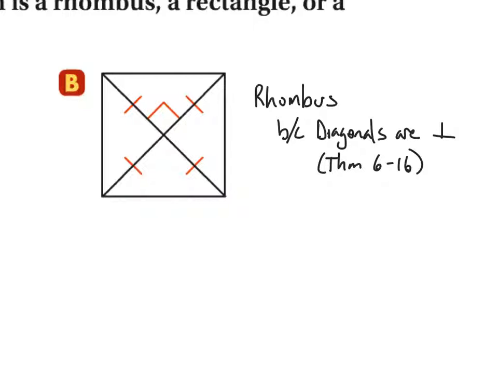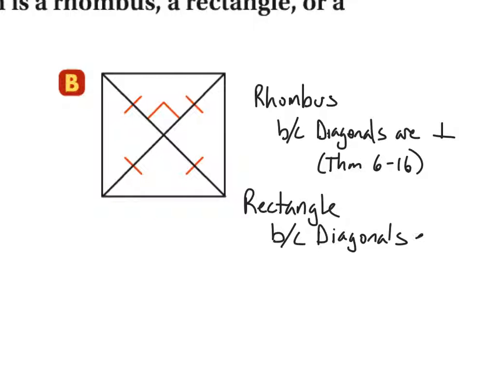The diagonals are congruent? Yeah. What's that a feature of? Rectangles. A rectangle has congruent diagonals. And that was theorem 6-18?